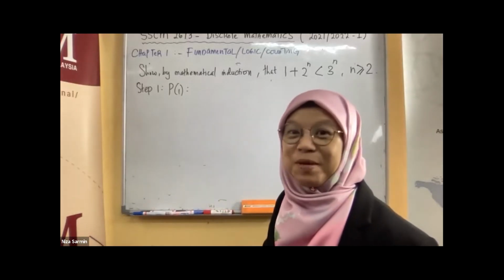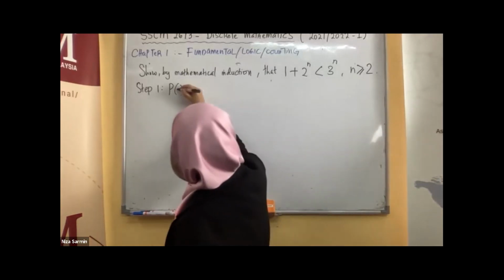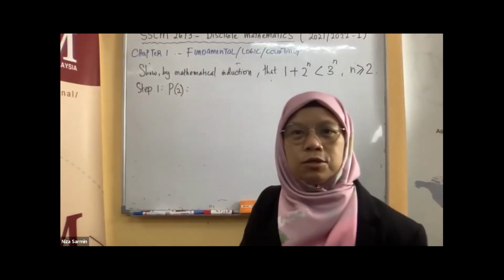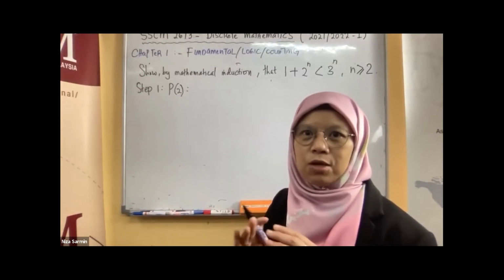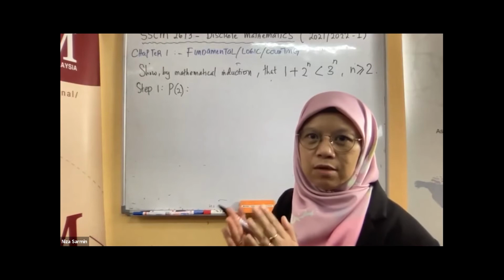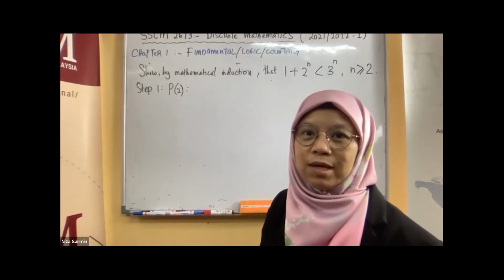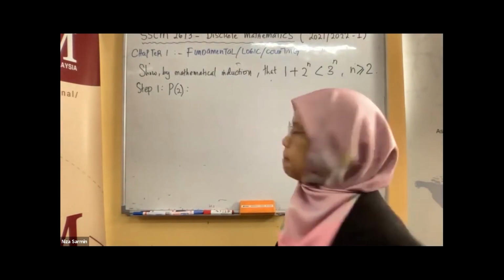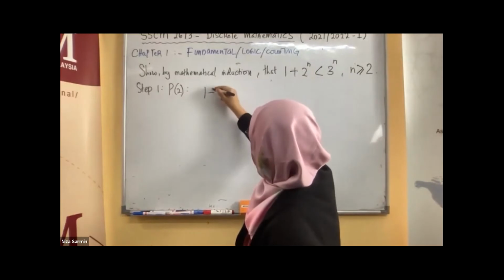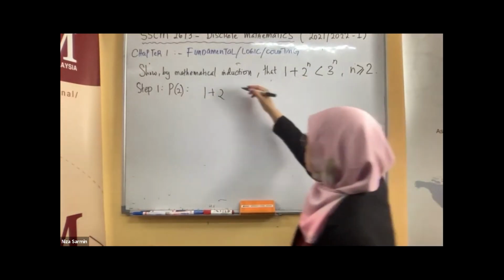Start with 2, P2. Sometimes when they give you a different domain, you have to start from the domain that is given. So you have to read your question very carefully, because if you start with 1, it won't work. All right, so 1 plus 2. When you replace n with 2, what do you get?